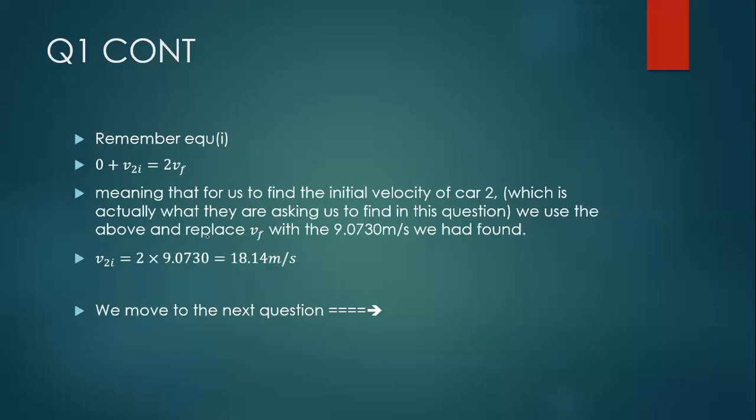Remember this equation, meaning that for us to find the initial velocity of car 2, which is what the question is asking for, we use the above equation and replace VF with the value that we have just found. So solving this, the initial velocity of car 2 equals, where there's VF, we put this velocity which we have just found, and then we can find the velocity of car 2 before collision.